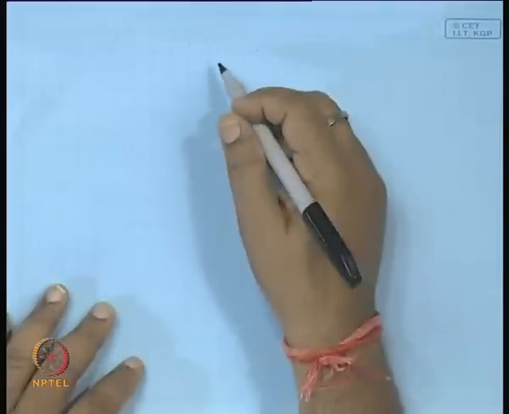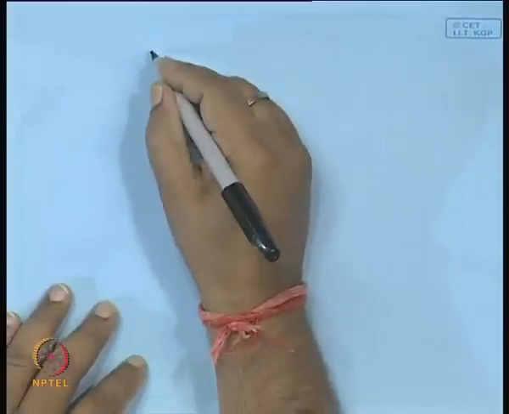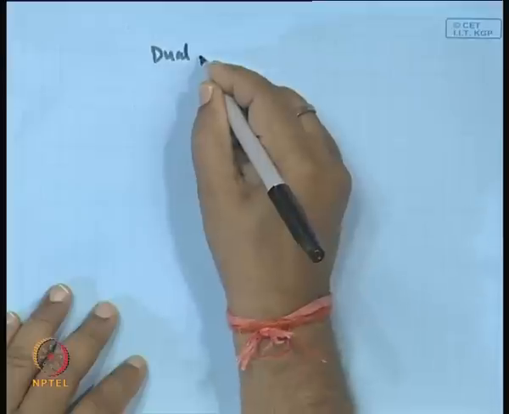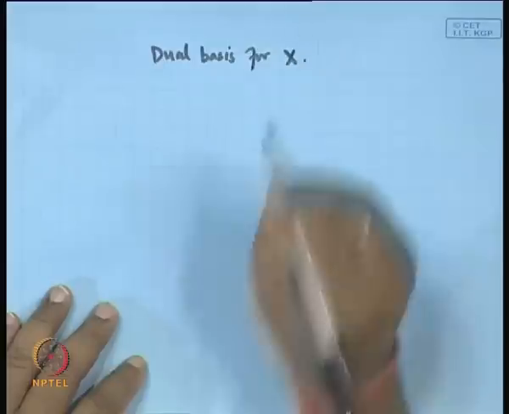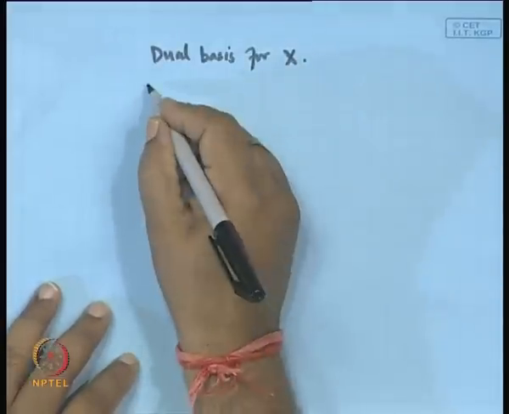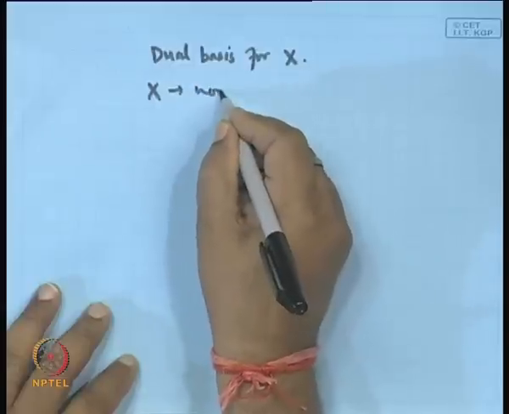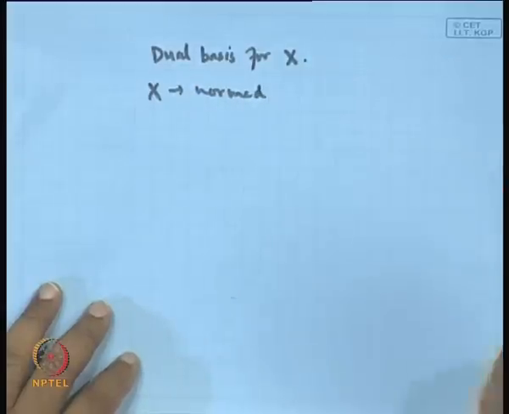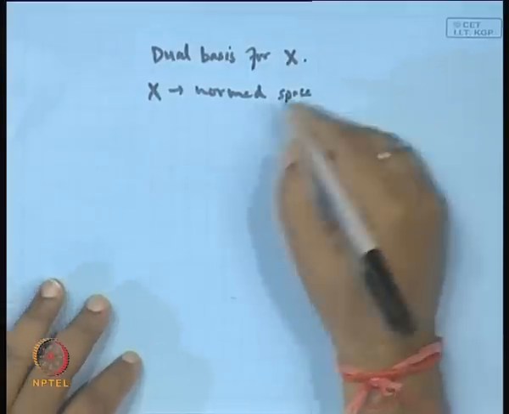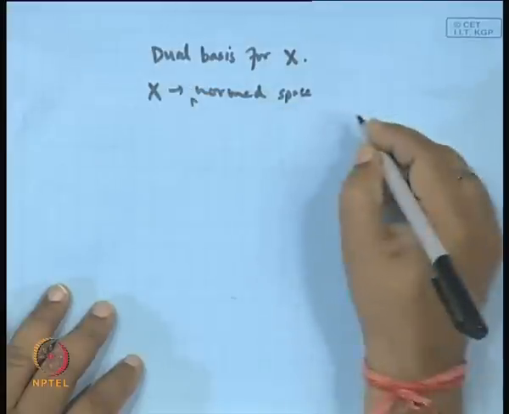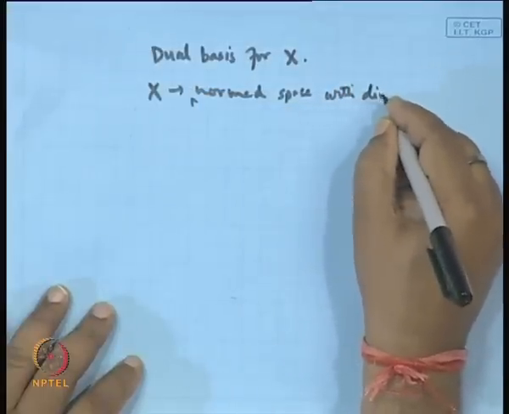Okay. So, we will continue the same topic, that is the linear functionals on a finite dimensional case first, and here we will find out what is the dual basis for X, where X is our normed space, a finite dimensional normed space with dimension n.